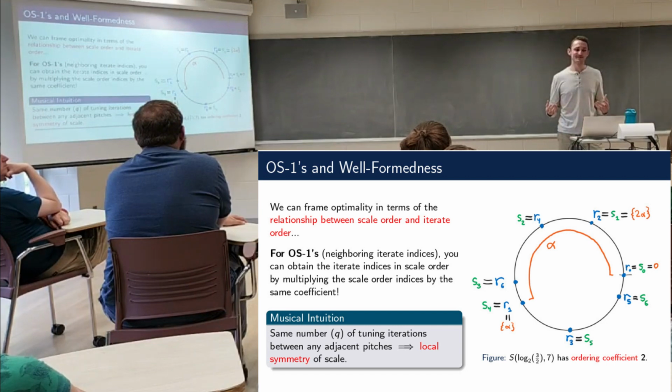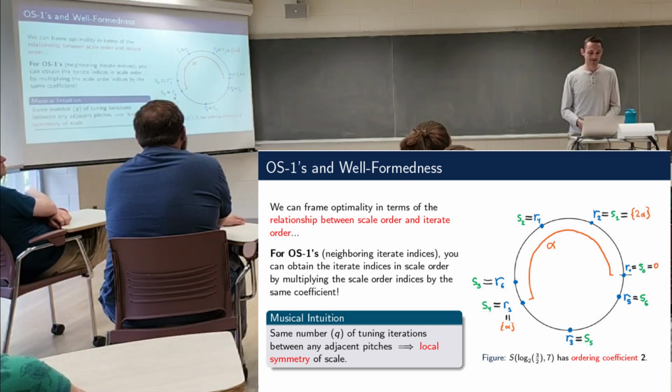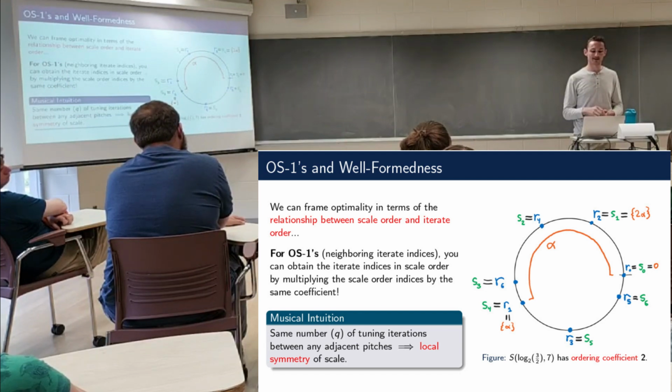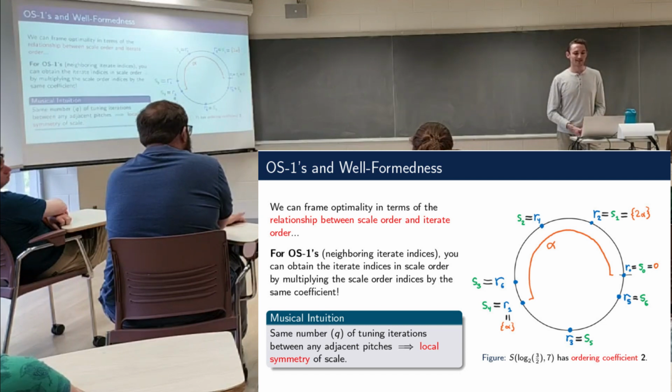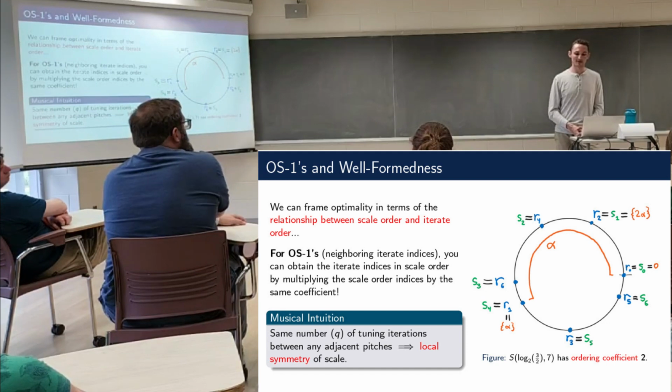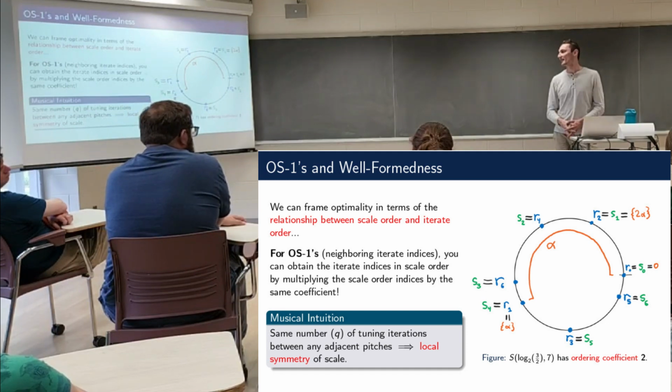That turns out to be true in general for all optimal scales of the first kind, which are, again, the ones you get from the neighboring iterates and rounding those off to the origin. You can obtain the iterate indices in scale order by multiplying the scale order indices by the same coefficient, which in this case is 2, and we call it the ordering coefficient.